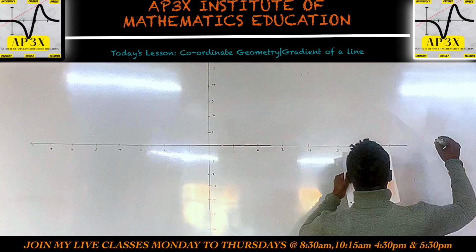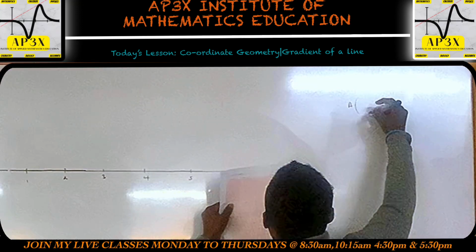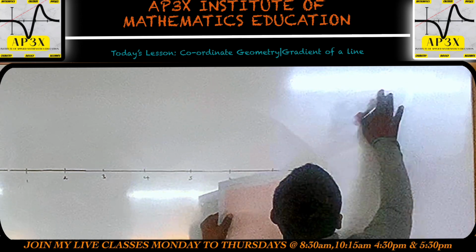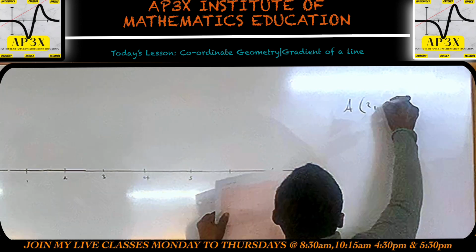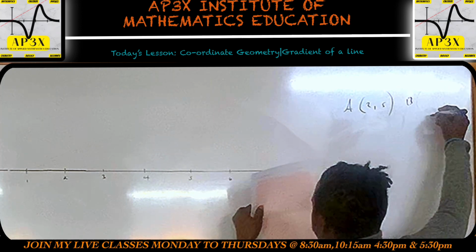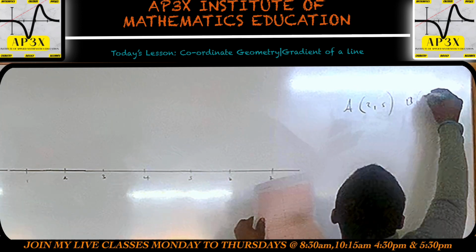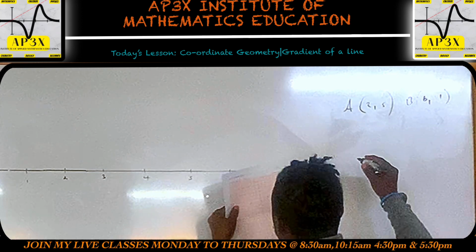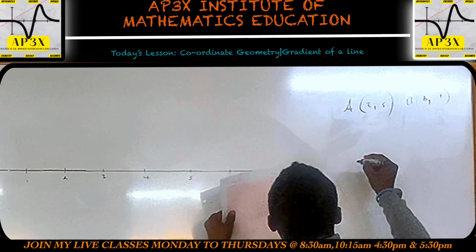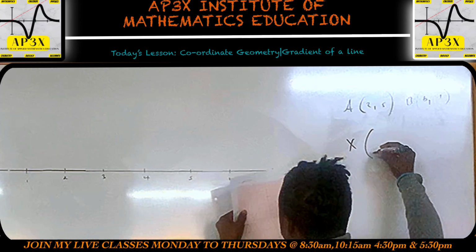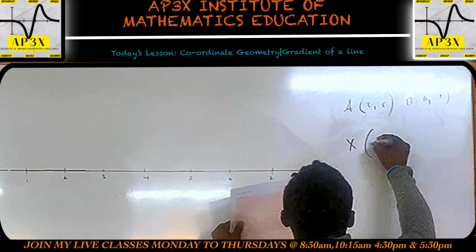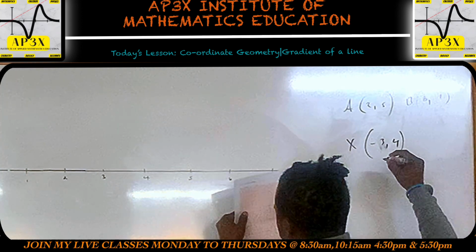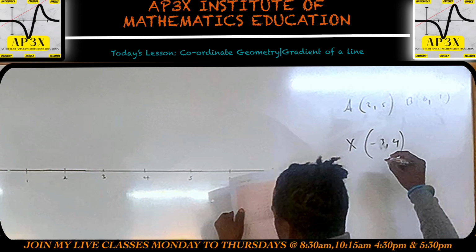Shanice, the points are, based on this graph: A is 2, 5. And B is 6, 1. That's what I'm seeing here. X is minus 3, 4. And Y, or is this T?